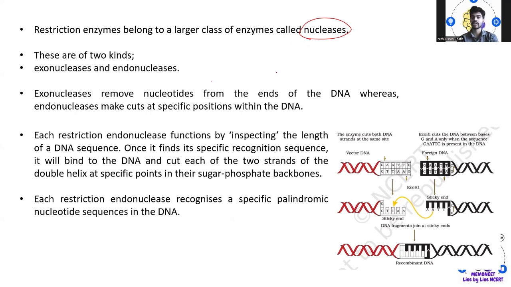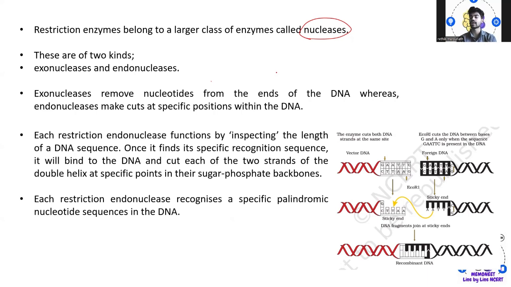Each restriction endonuclease functions by inspecting the length of the DNA sequence. Once it finds its specific recognition sequence, it binds to the DNA and cuts each of the two strands of the double helix at a specific point in the sugar phosphate backbone.